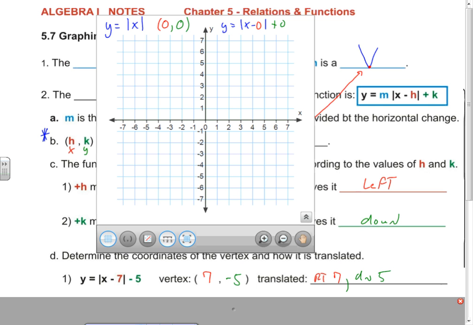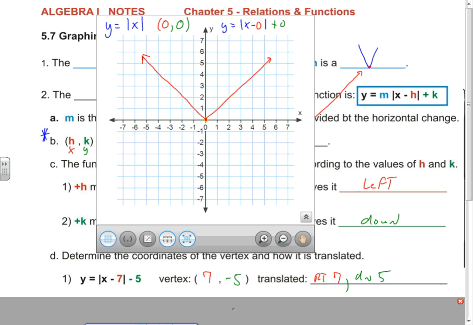All right, but the vertex is 0, 0. If I were to graph this, my vertex would be at 0, 0. And the function would go, trust me on this, just like this way, and just like this way.